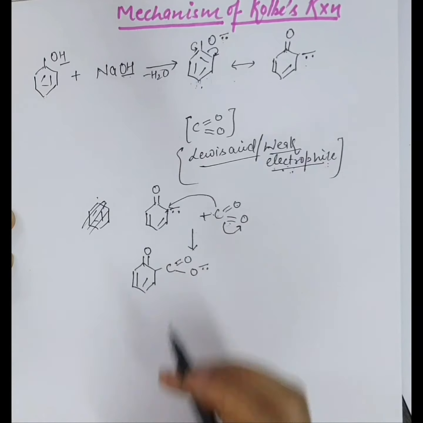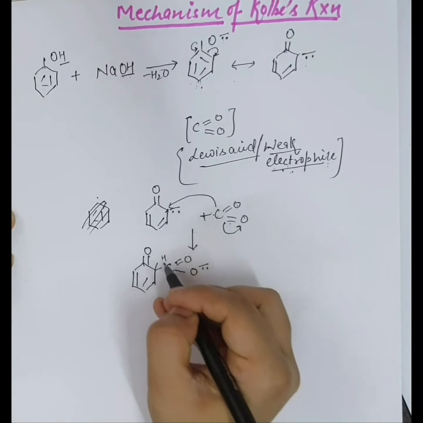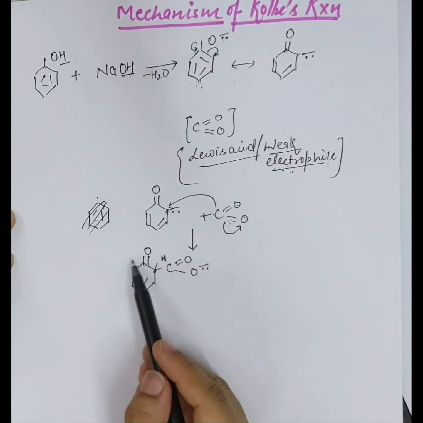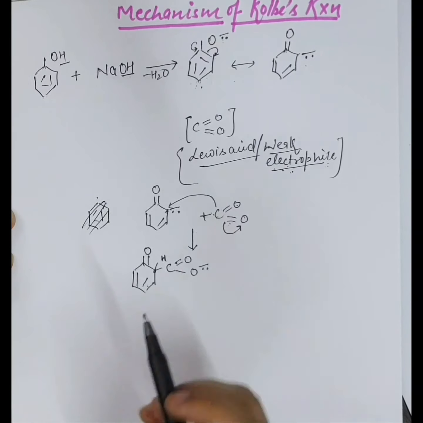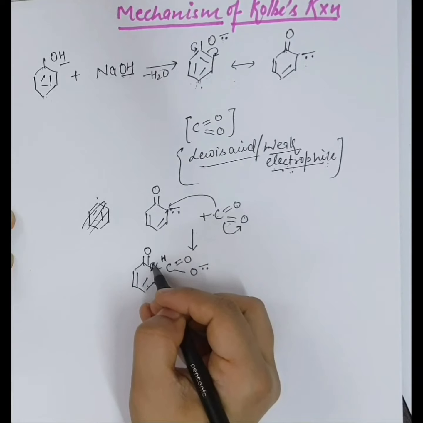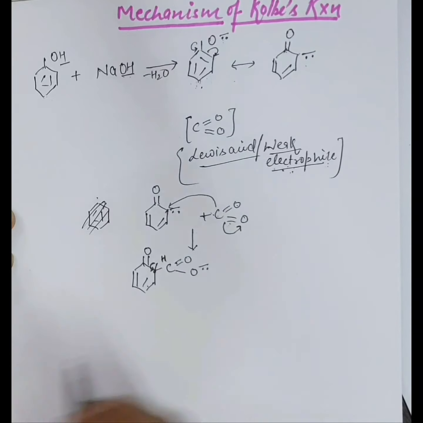Now what will happen? Here we know a hydrogen atom is already attached to this carbon atom. Now to retain the aromaticity of this ring, this hydrogen atom will lose its bonded pair towards the benzene ring.